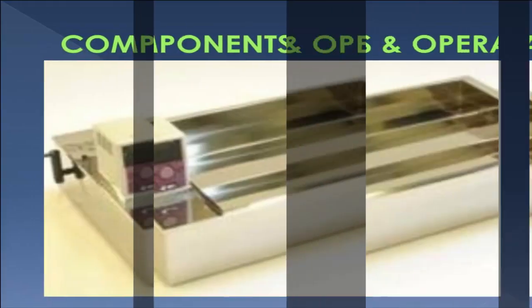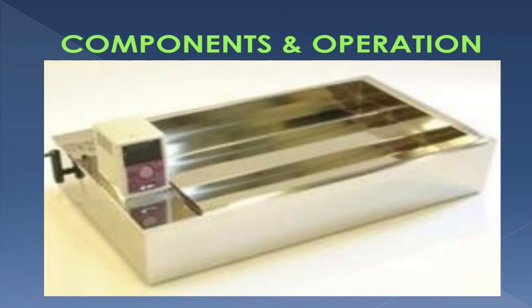Coming to the components and operation, the Inspissator is built of rust-proof stainless steel sheet. Inside chamber, body and water bath are made of stainless steel. Inside chamber is 25 by 25 by 21 inch. Outside body is 29 inch, 25 inch and 52 inch with heavy duty wheels.